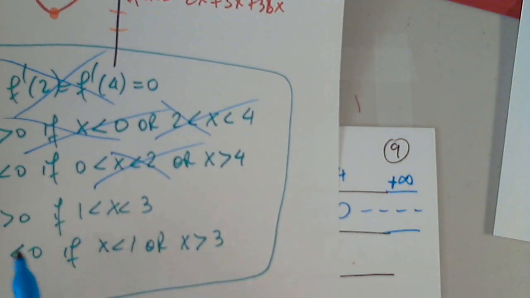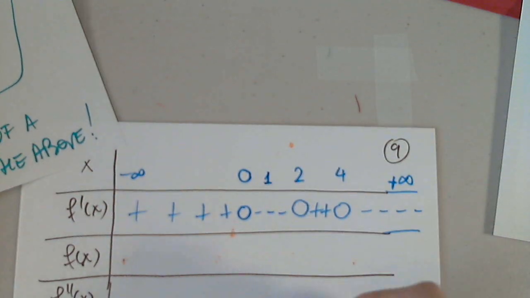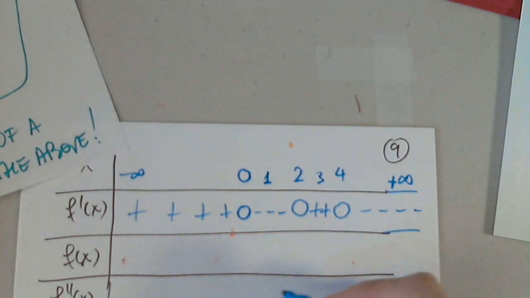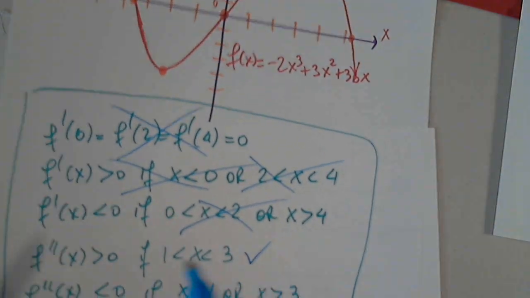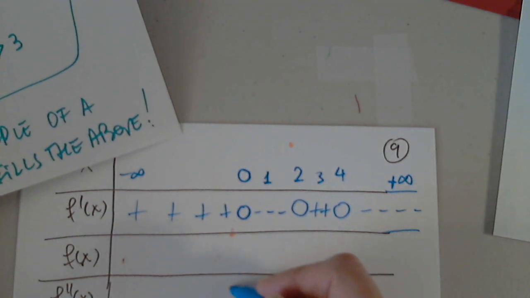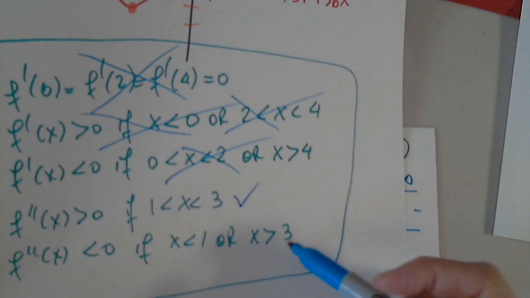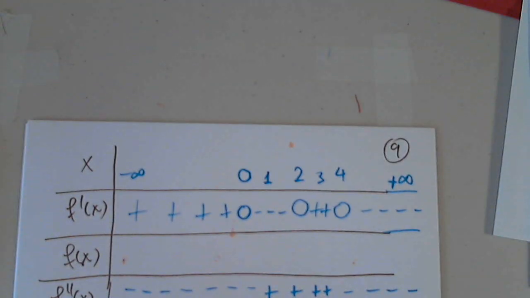The second derivative is positive between 1 and 3. Fine. And the second derivative is negative to the left of 1 or to the right of 3. Done. Now it makes all sense.